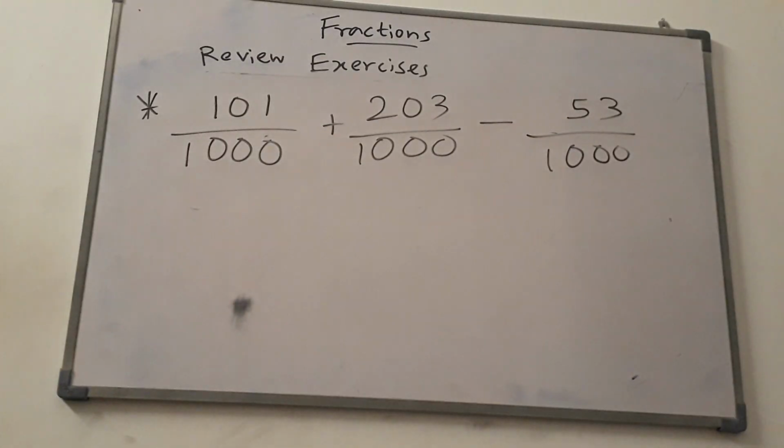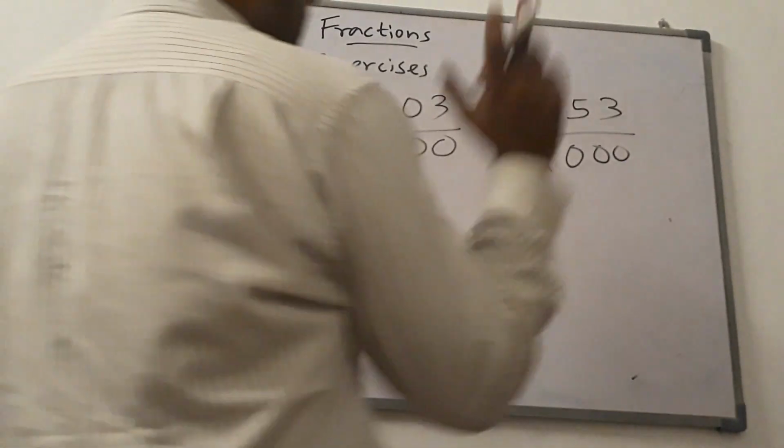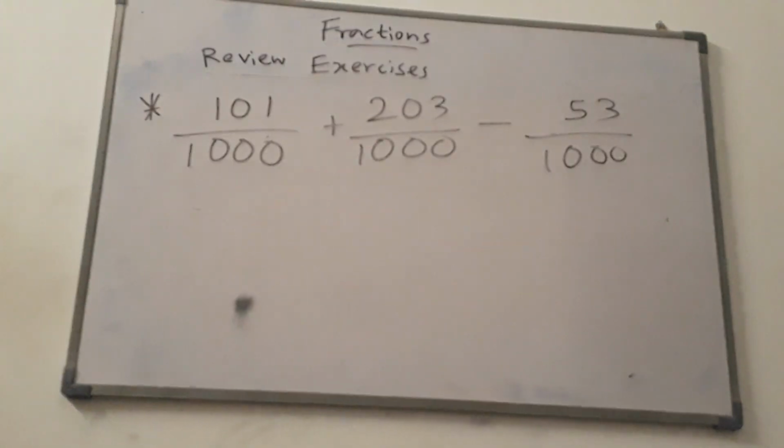Okay, 101 out of 1000 plus 203 out of 1000 minus 53 out of 1000.